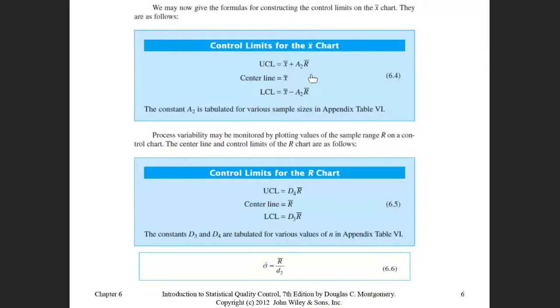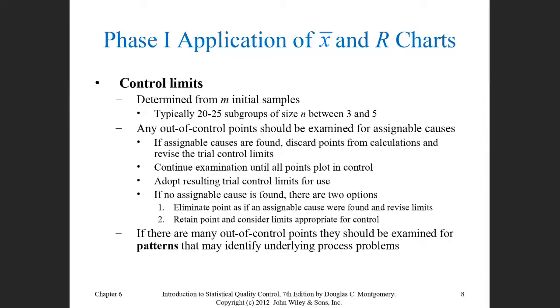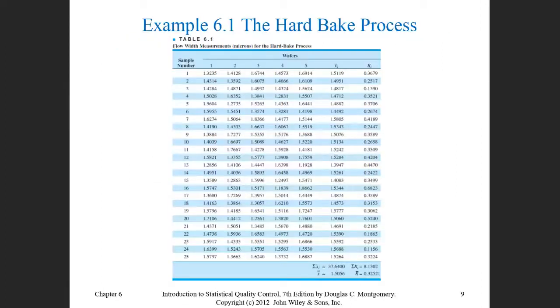Now we have the X double bar, we have the R bar, and A2, D4, and D3 can be found from the tables given here. So we can find them from the table, and we can calculate the control limits and the center line, as you can see in the slide here. The upper control limit for the R chart is calculated using R bar multiplied with D4.